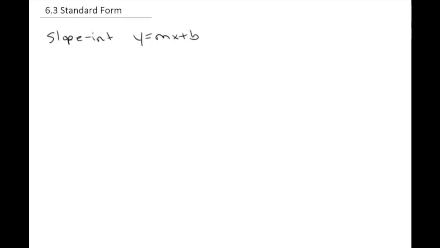Okay? So sometimes we get a function in standard form. And standard form takes the form ax plus by equals c. That's right. Now we have x, y, m, and b, and a, b, and c. By the time you're done with math, we'll use every letter.